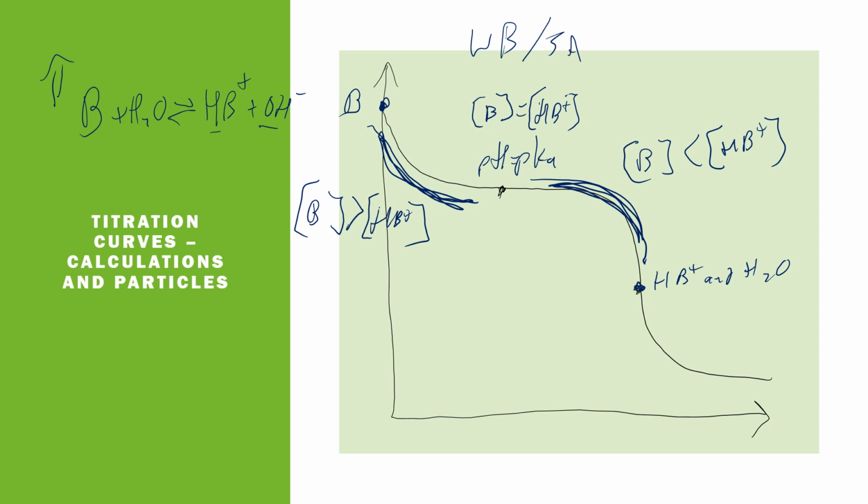And then, of course, past equivalence point, I mostly have just that excess hydrogen ions from the strong acid. I'll also have the conjugate acid and water, but the conjugate acid has very little effect on the pH when compared with the excess hydrogen ions that are present. So make sure you're able to tell what's present at each point during titration and what's present in higher quantities versus lower quantities.